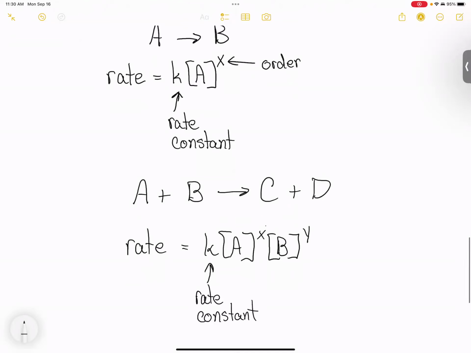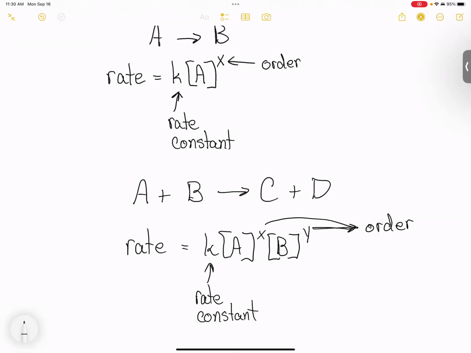And in this case, the x and the y are the orders. Now I'm using x and y, but when you look at the homework, I used x and z. They're just variables.